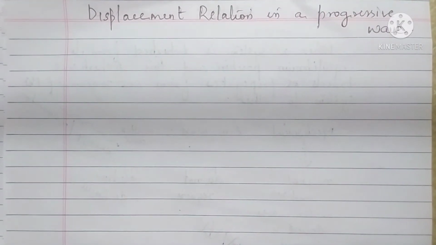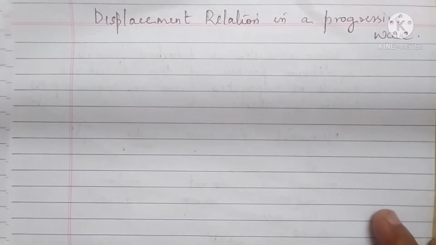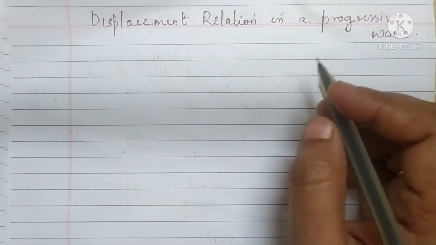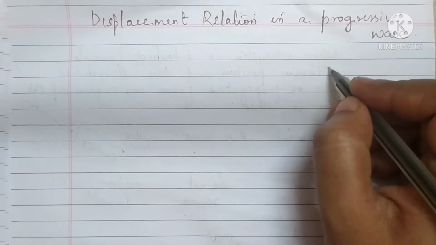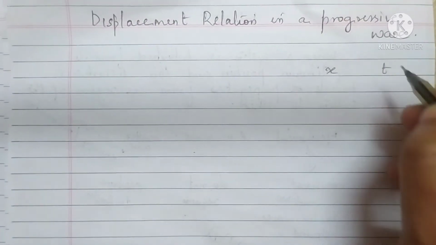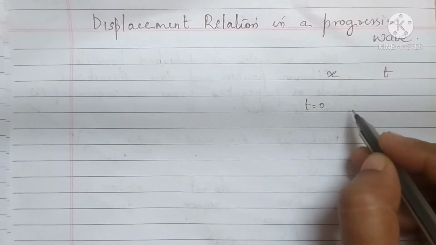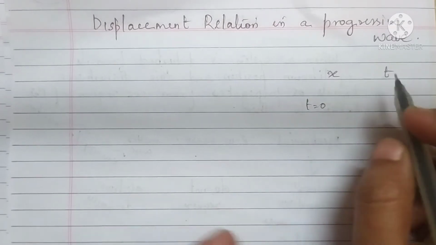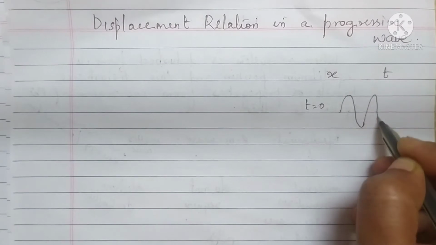So next is displacement relation in a progressive wave. That means if we want to describe a traveling wave in mathematical form, in equation form, we need the position x and time t. That means when time t equals 0, the wave was just about to start, and after a time interval t, the wave moved to a particular distance.